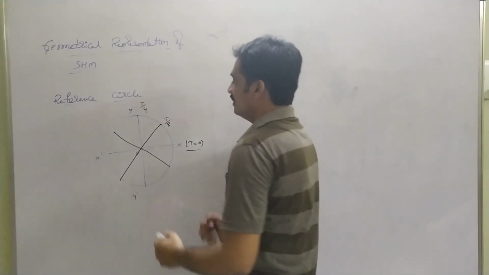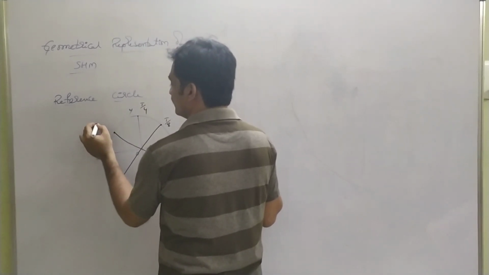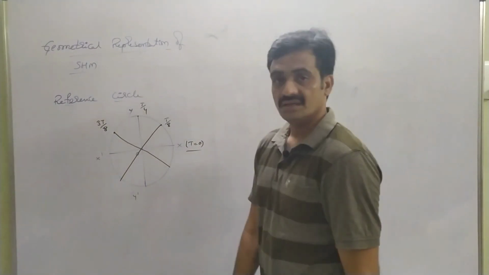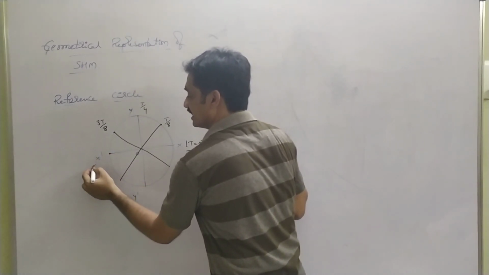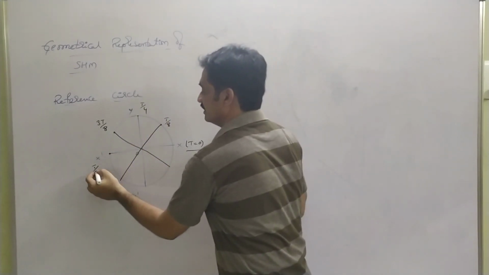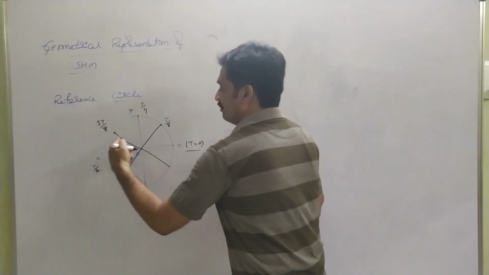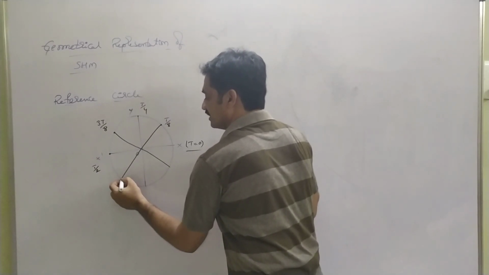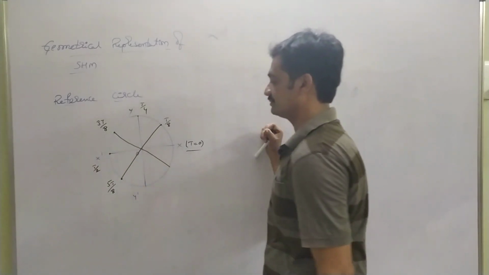At this point, the time is 3T by 8. When the particle reaches this point, it has completed half the cycle, so the time is T by 2. Moving from this position to this position, the time taken is 5T by 8.